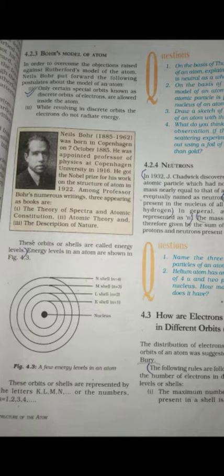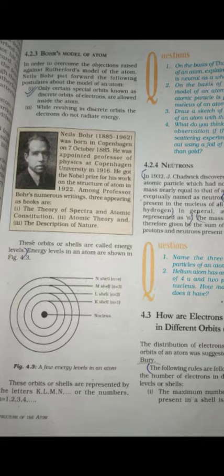What Rutherford told is that protons are present in the nucleus of the atom, and the whole mass of the atom is also present in the nucleus. Now where is the position of electrons?